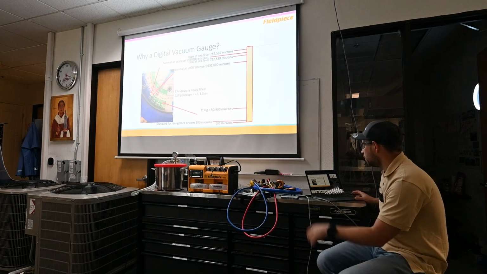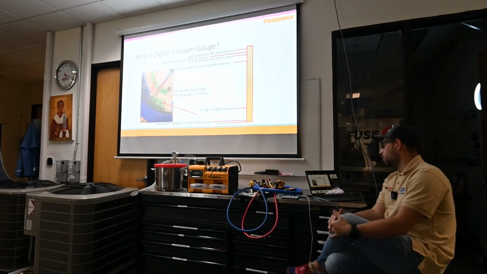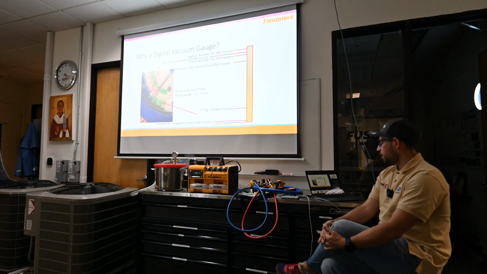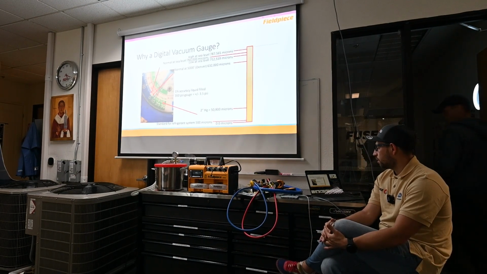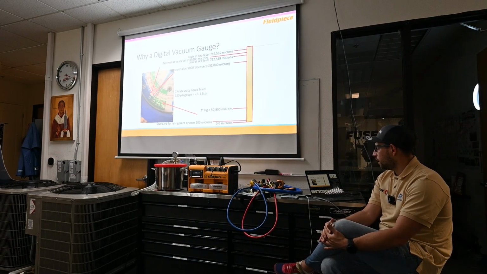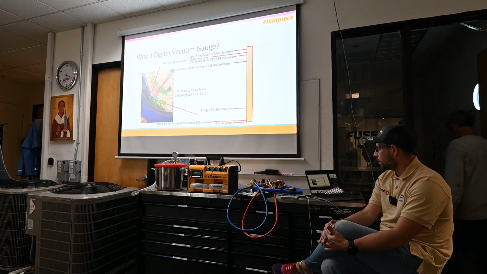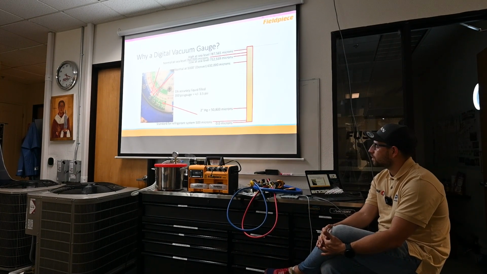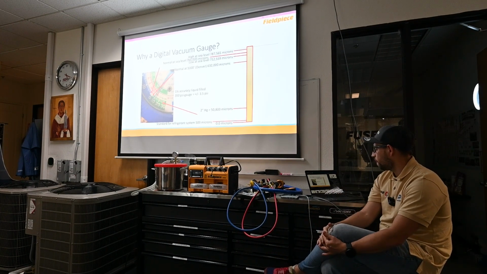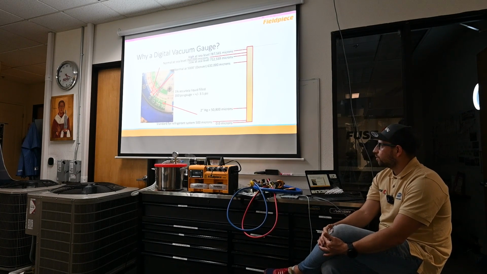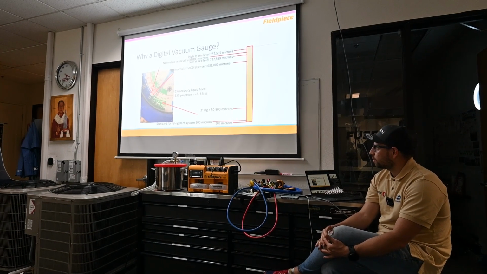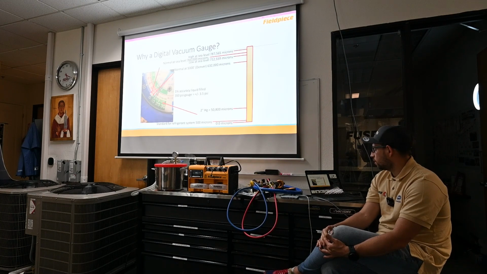Why a digital vacuum gauge? Why is it much better to use a digital vacuum gauge than an old school one like in the picture? Because in the picture you don't see any microns. You can just take a look.